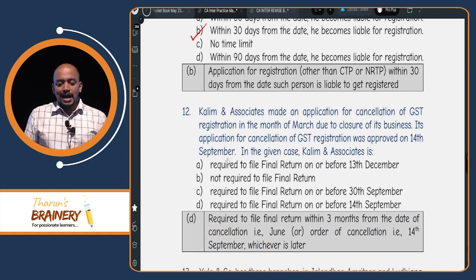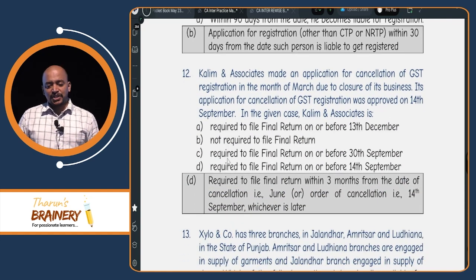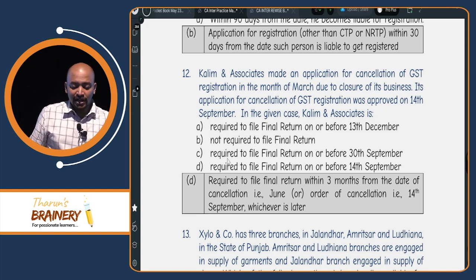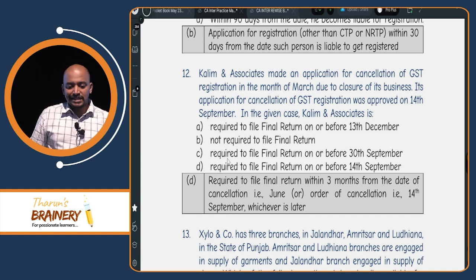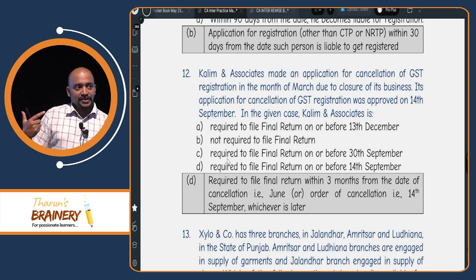Kalim and Sons made an application for cancellation of registration in the month of March due to closure of its business. Its application for cancellation of registration was approved on 14 September. Actually they need to file a final return after cancellation of registration.